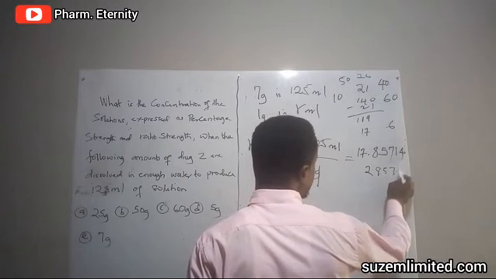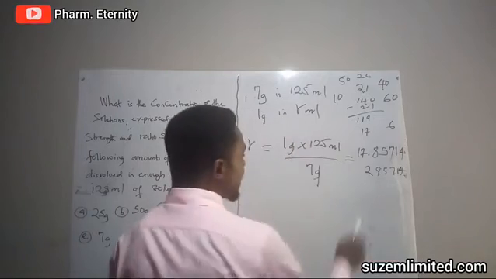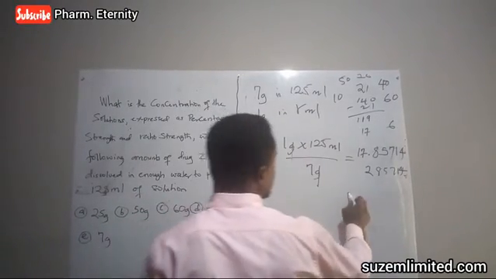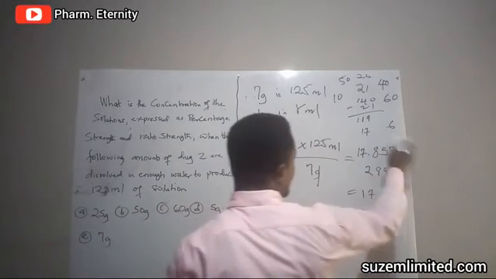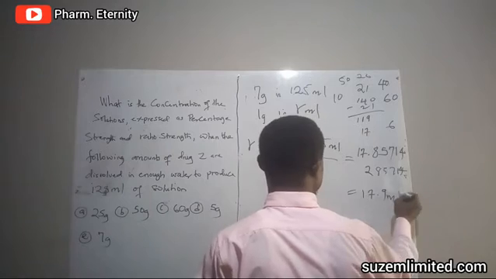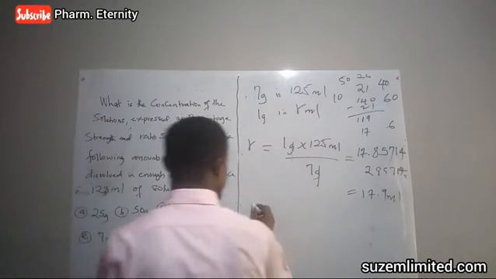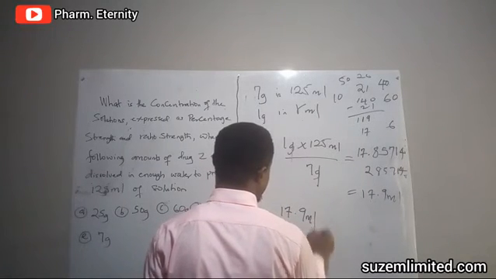So from here it becomes a recurring decimal. This 714 will continue again. So at the end, what we are looking at is 17.9 ml. So R is 17.9 ml.